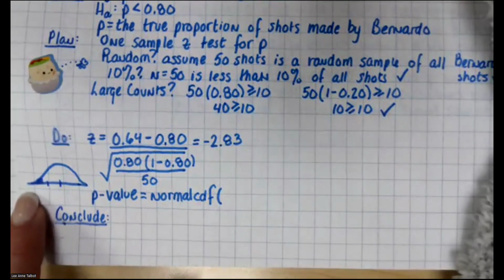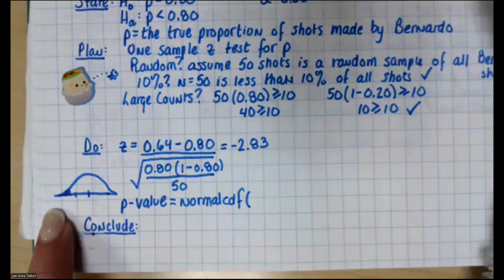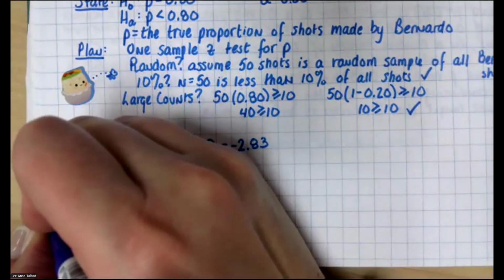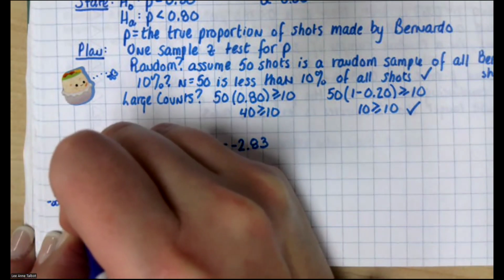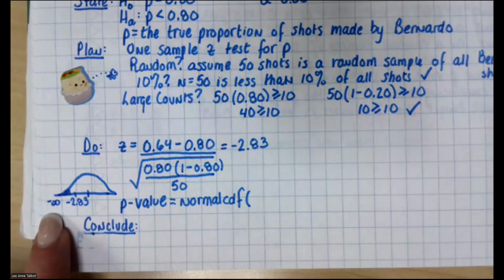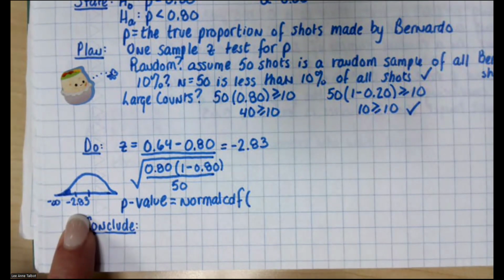Okay, so negative 2.83 is over here. So can you guys tell from my little baby picture that the low is negative infinity and the high is negative 2.83?